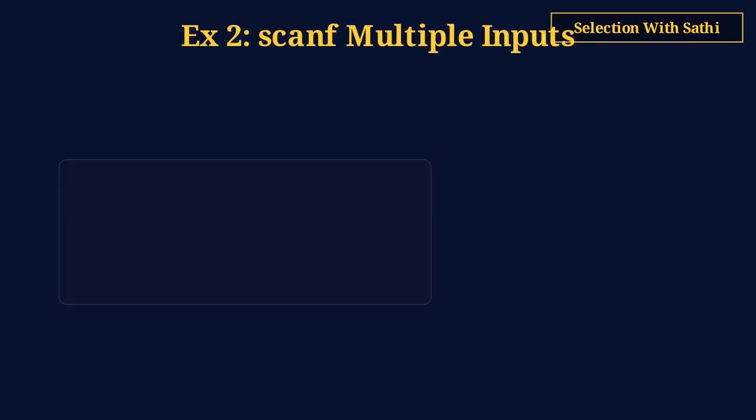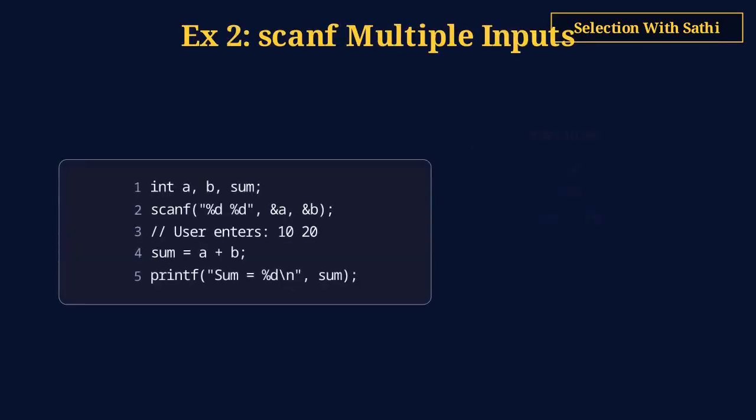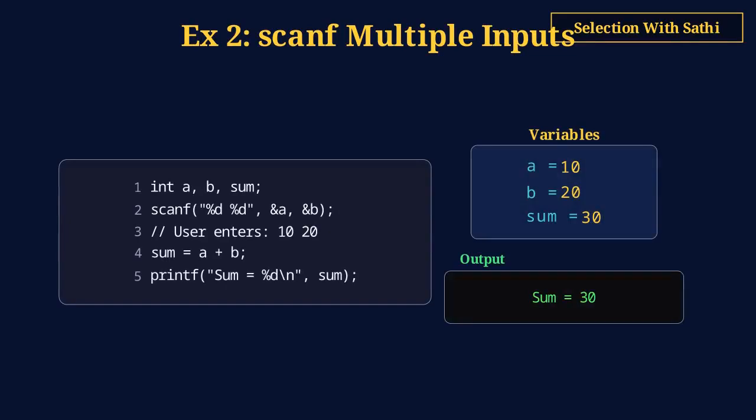Second example, scanf with multiple inputs. We want to read two integers from the user and print their sum. First declare int a, b, sum. Then call scanf with "%d %d", &a, &b.